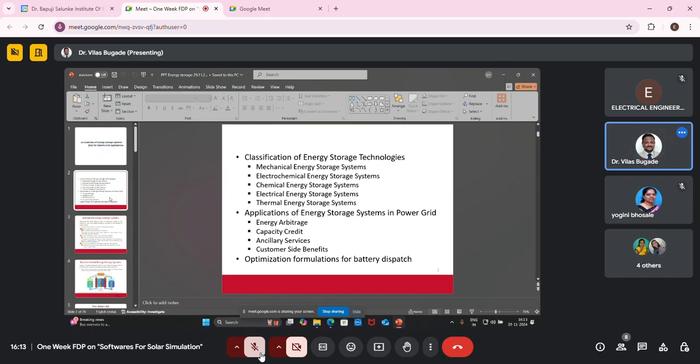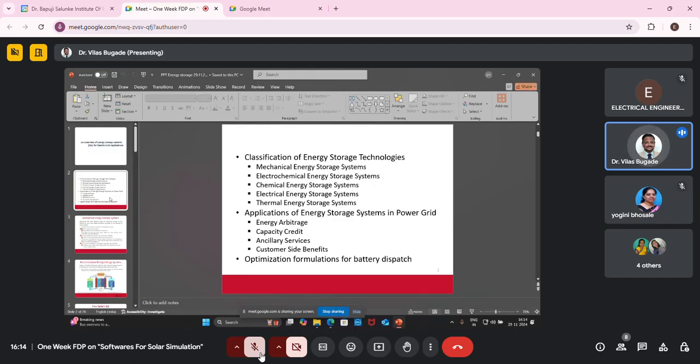There are mechanical, electrochemical, chemical, electrical and thermal energy storage systems.